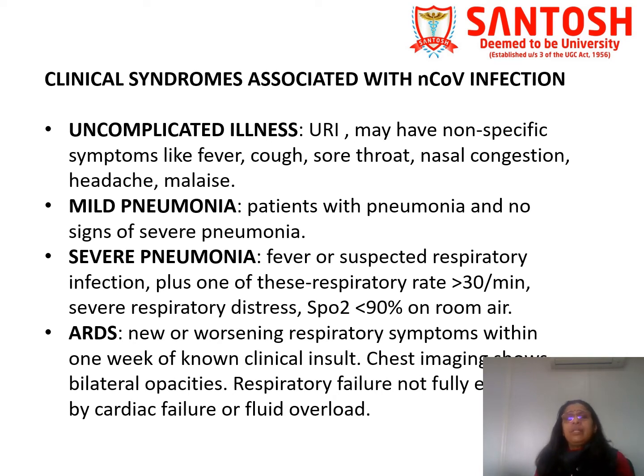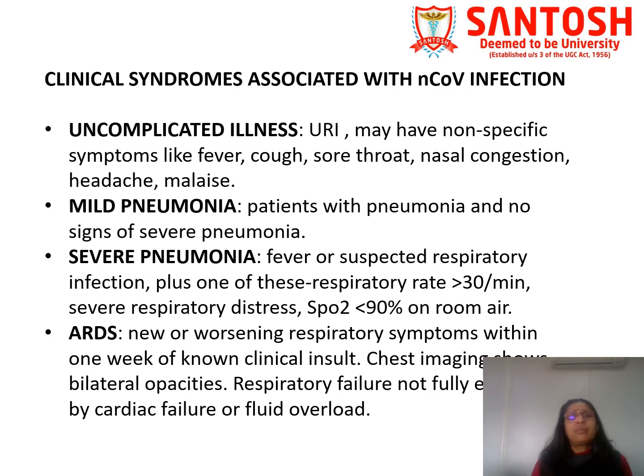Now, what are the different clinical syndromes that are associated with this COVID-19 disease? Now, there may be an uncomplicated illness, which can just be an upper respiratory tract infection, having some non-specific symptoms like fever, cough, sore throat, nasal congestion, headache, or malaise.